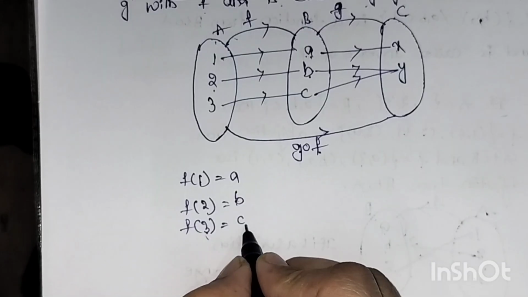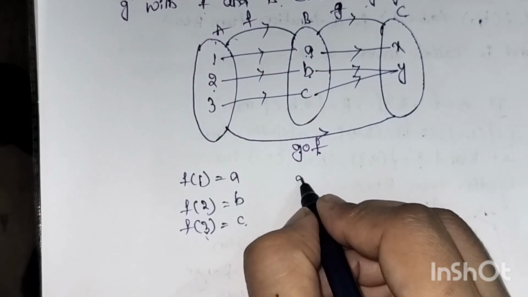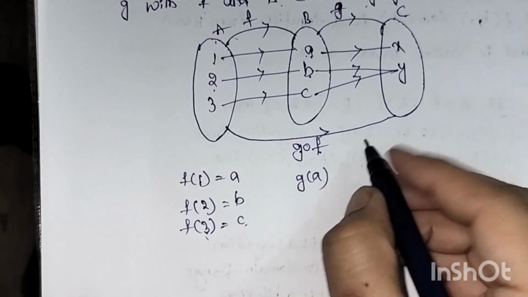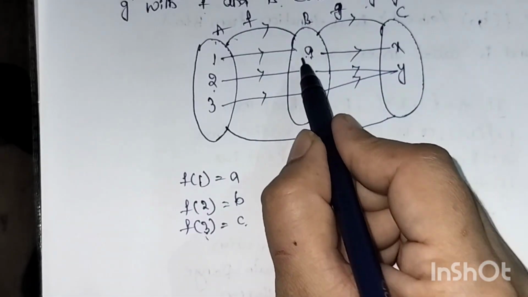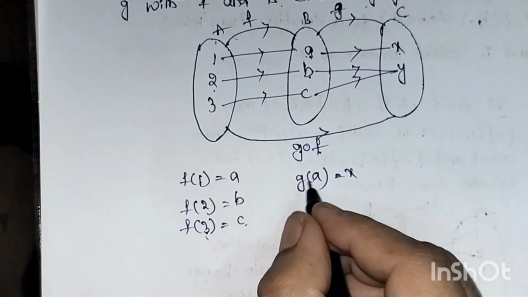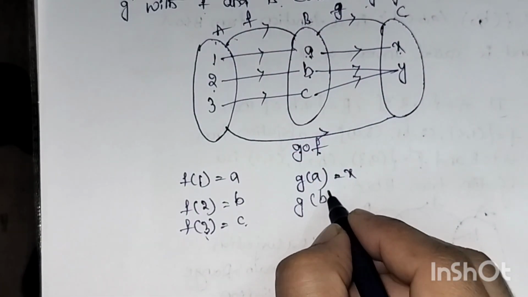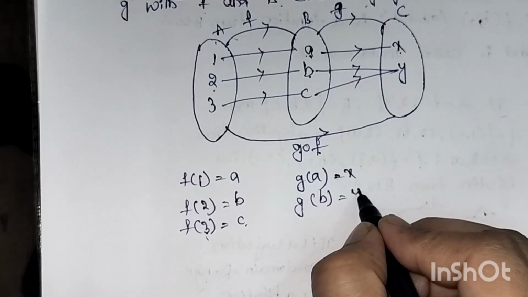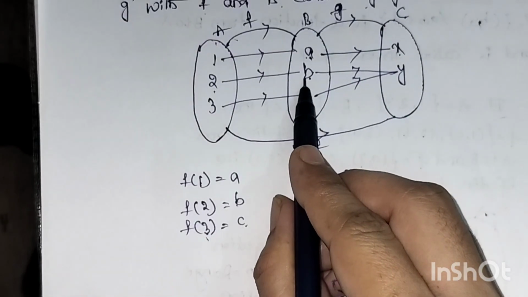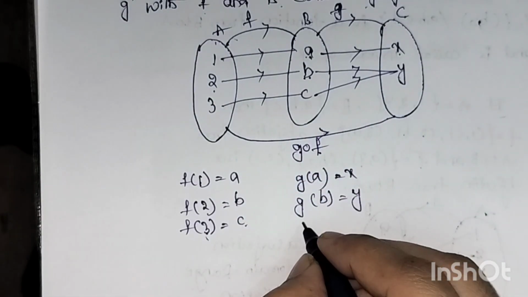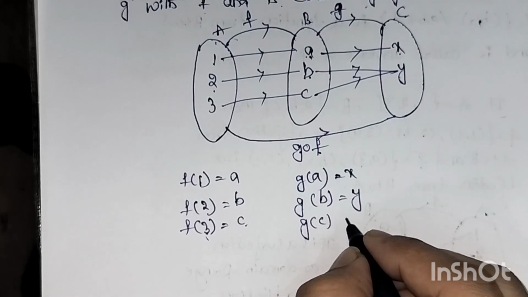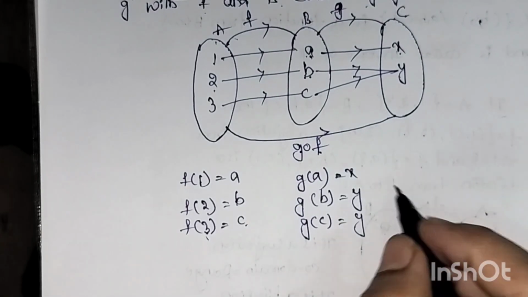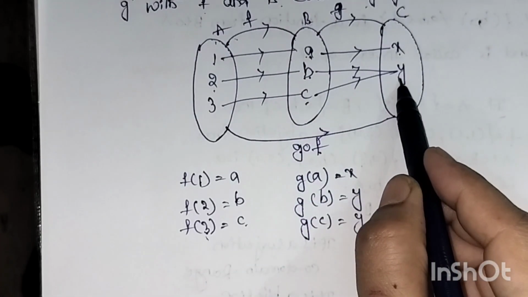Image of 3 is c. Again, g of a is equal to x. Image of a is x. G of b is equal to y. G of c is equal to y. Image of c is y.